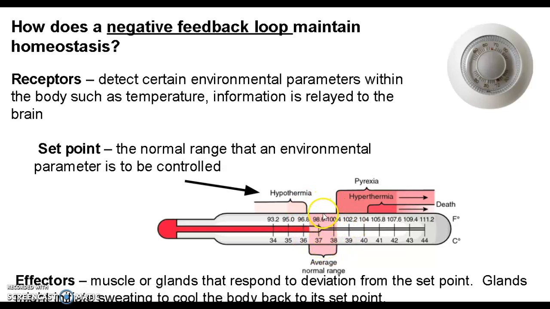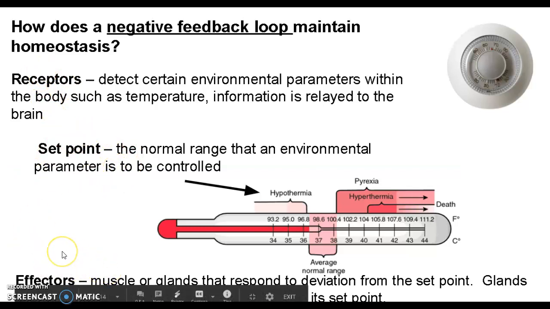If you get any lower than that, you're hypothermic, too cold, or any higher than that, you are hyperthermic, or too hot. If you get too low or too high, it ends in death. So, any change away from the set point is detected by the receptors.